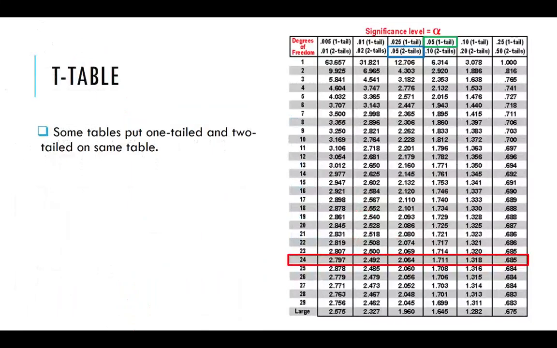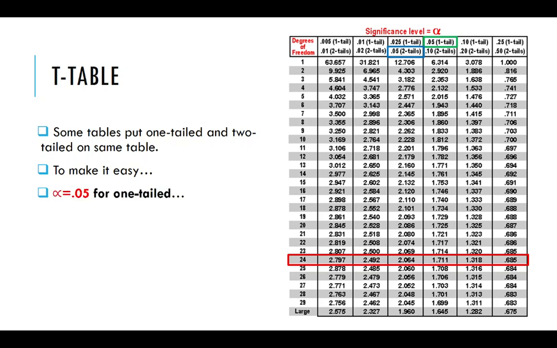Now, some tables will put a one-tailed and two-tailed test on the same table. It's easy to read, but you just have to pay attention here. So look across the top. Do you see it says in parentheses one-tailed or two-tailed? And this is, again, just to make it simple. You don't have to manipulate any numbers like in the previous table.